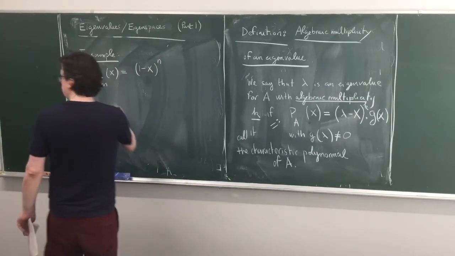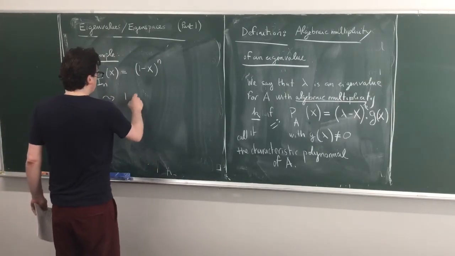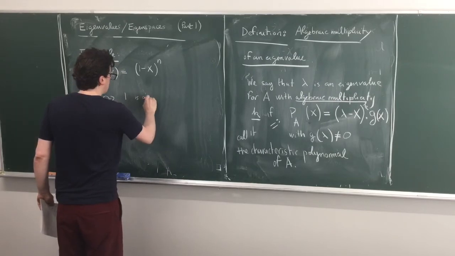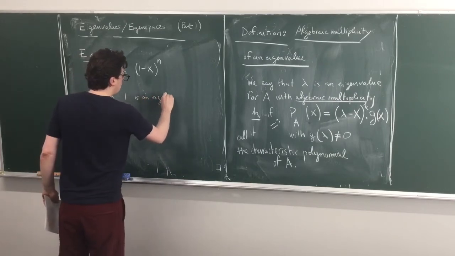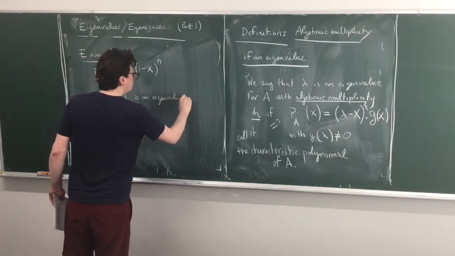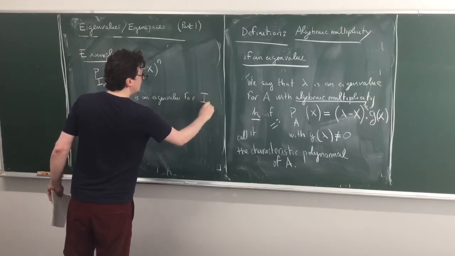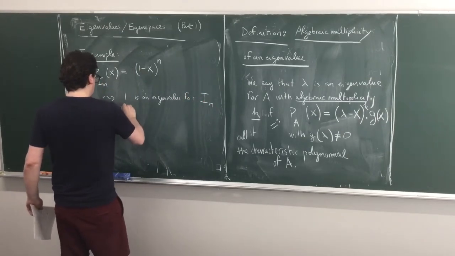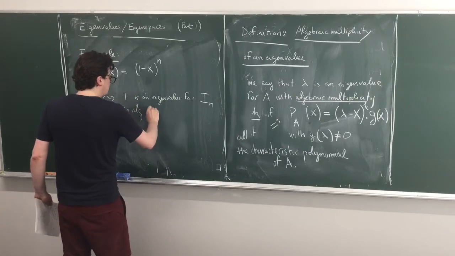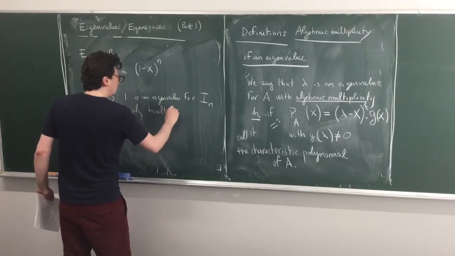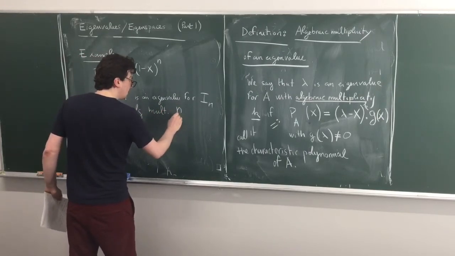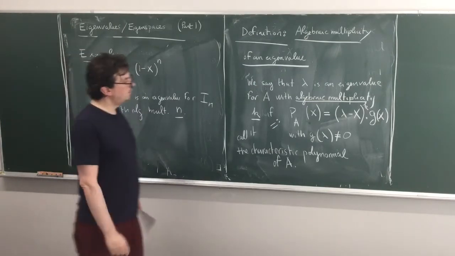And therefore you can say that 1 is an eigenvalue for the identity matrix with algebraic multiplicity n, actually. Right.